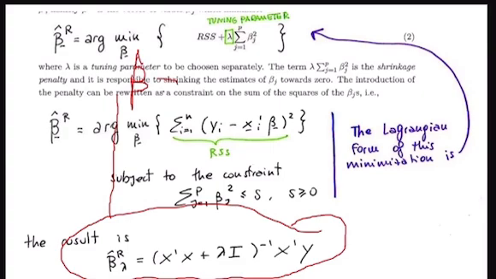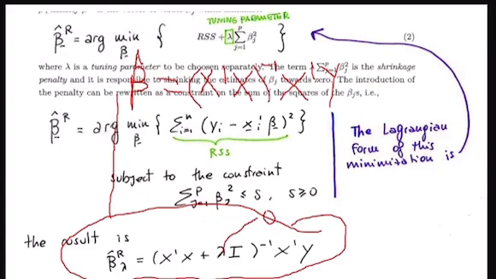The OLS estimate is just going to be X prime X inverse X prime Y. Look at that. When lambda equals 0, that is what it becomes. So lambda is the tuning parameter.